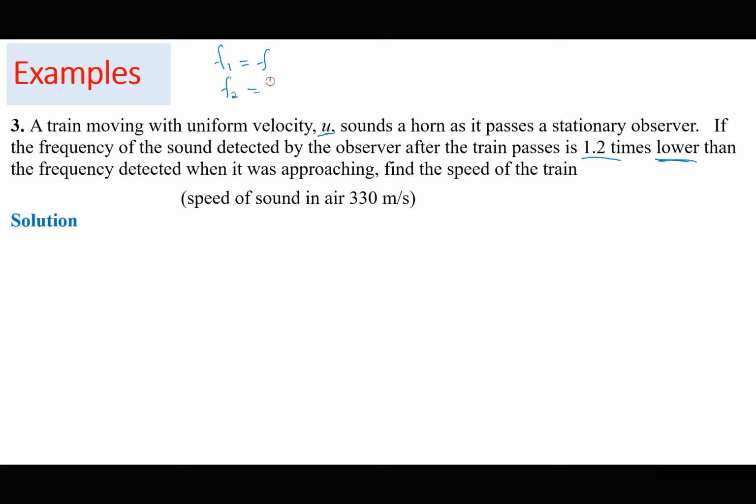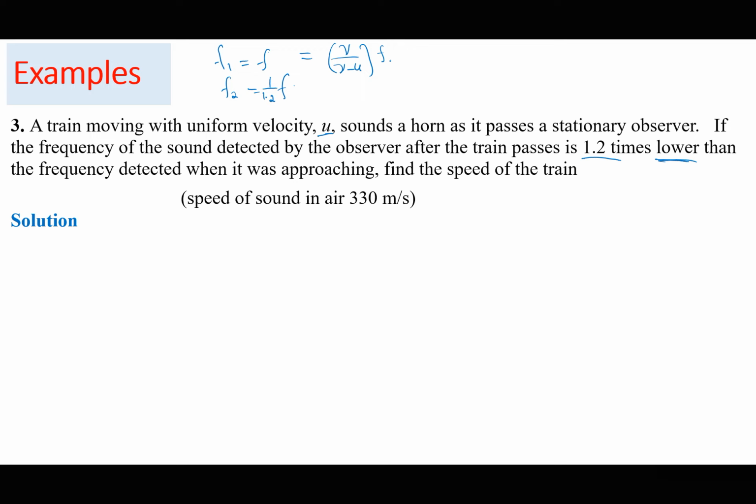So it means f2 is going to be 1 divided by 1.2 times f. So we can also equate this. When it is approaching, it is higher, and the equation is v divided by v minus the speed, which is u, times the frequency, which was f.